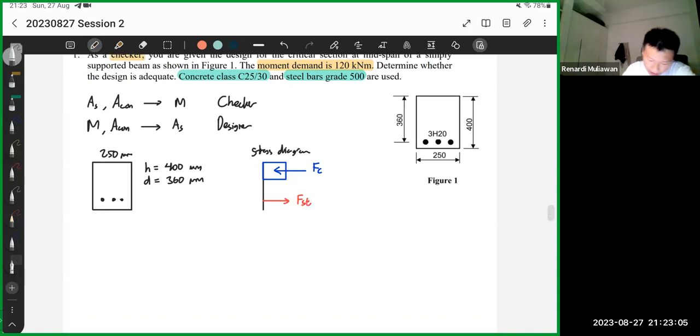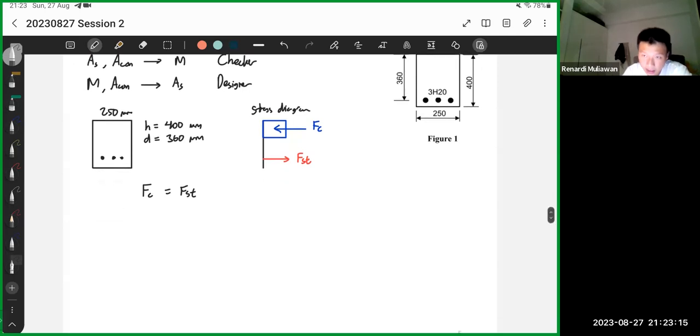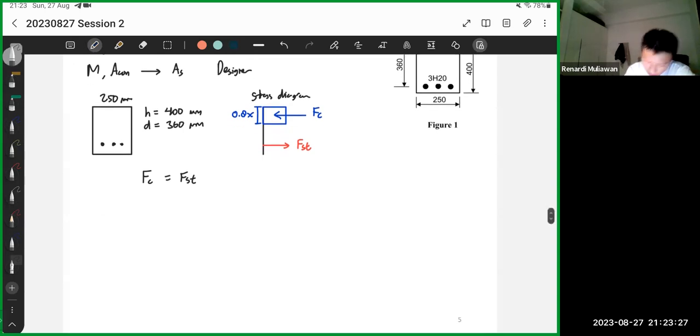Okay, next is the equilibrium of forces. So FC is equal to FST. So what's FC? Again, it's the stress times area. The area for concrete, we assume it's 0.8x. X is the neutral axis. So again, stress times area.